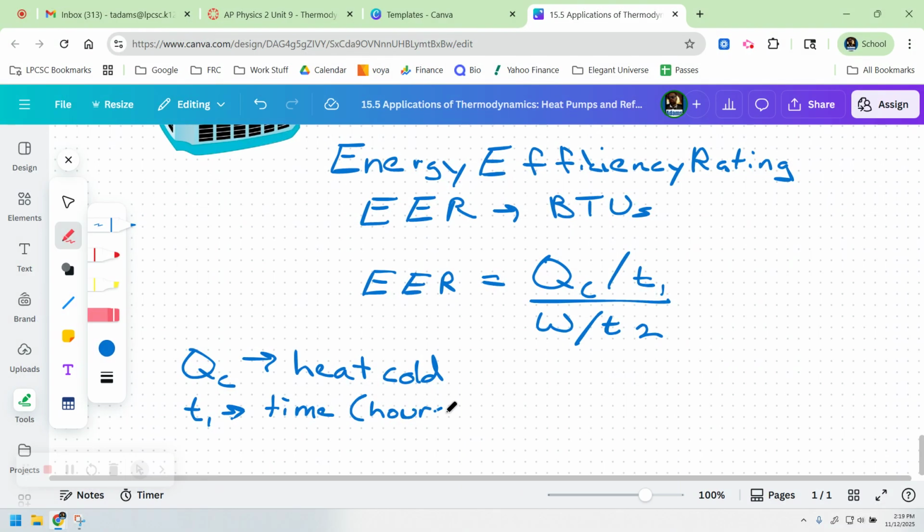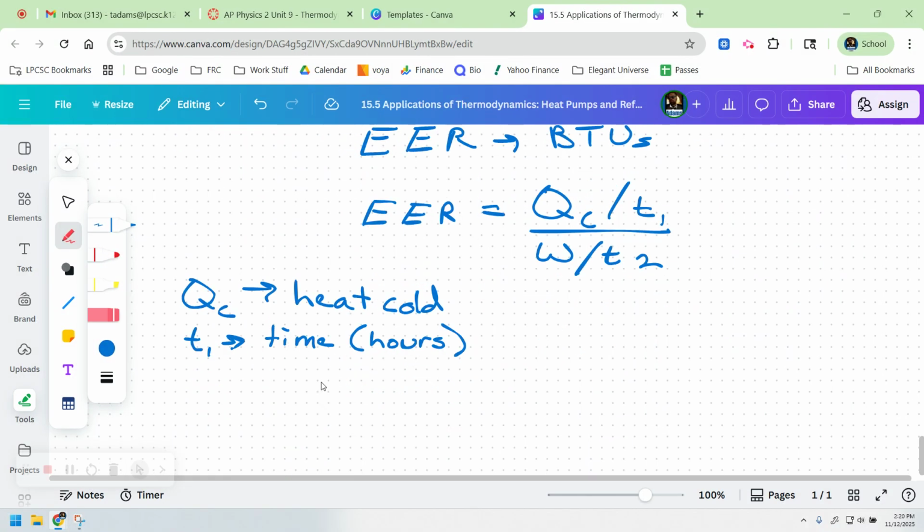We're so used to doing seconds. W is work. And T2 is time 2, the second time. Also in hours.